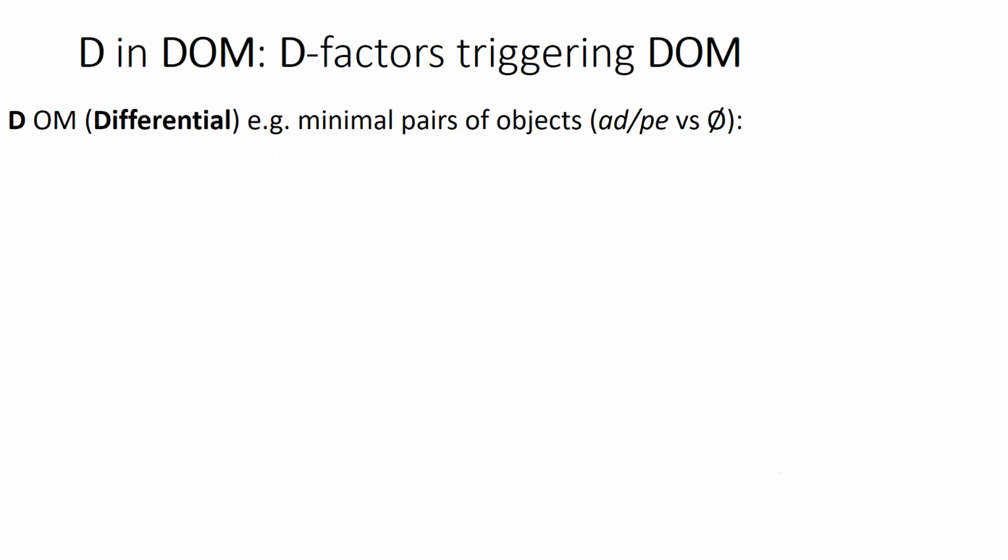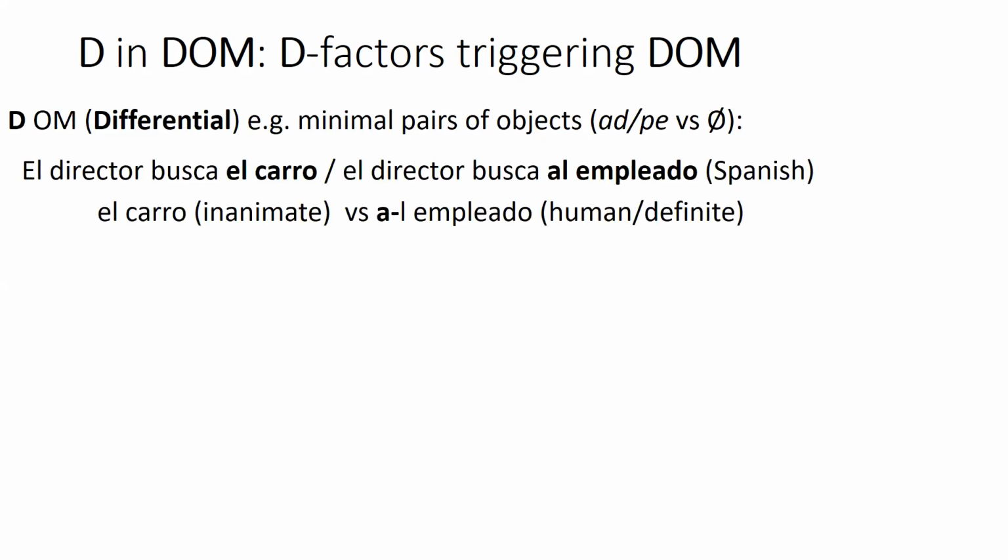The use of a versus zero marking. You would only use a for marking certain types of objects. So it's minimal pairs, differentially marked. If you look at the example that I gave on the first slide, el director busca el carro versus busca al empleado. Okay. El carro versus al empleado.